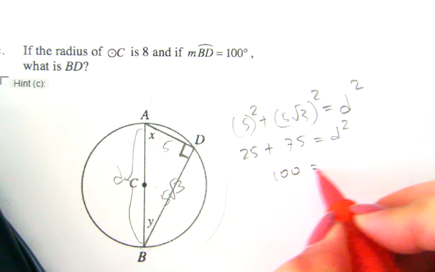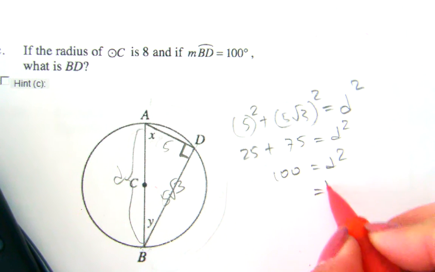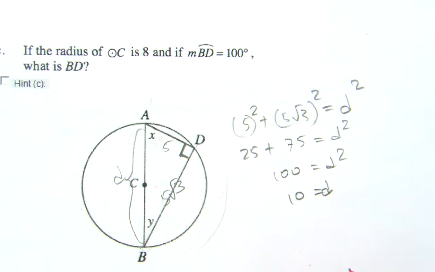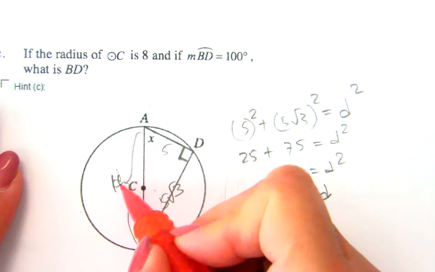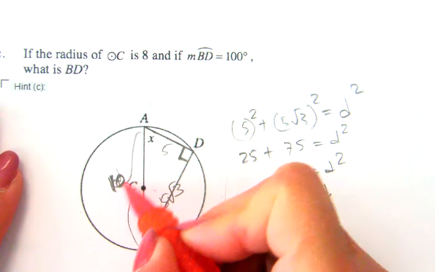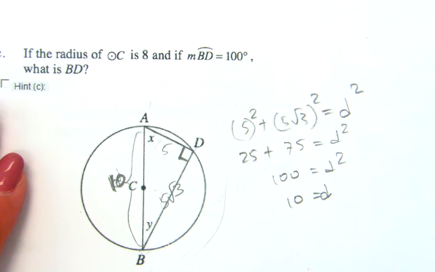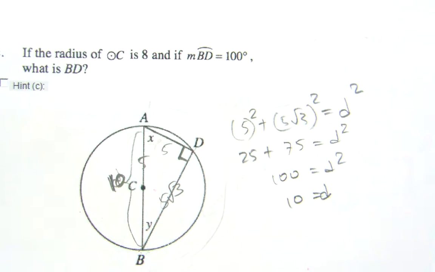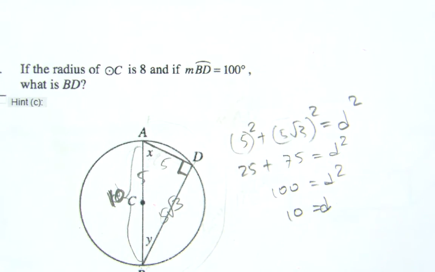So this is 100 is your diameter squared. So your diameter is really 10. Okay, and then that leaves your radius 5, because it's half of your diameter. So what's the area of the whole circle? And the area formula for the circle, you need to look that up and figure out what the area of that circle is. Okay, all right, so that was part B.